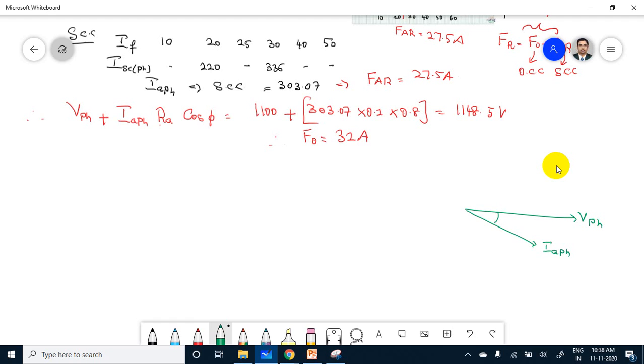The angle between them is phi, and it will be projected towards this A point. A point means F naught. F naught will be projected towards B point.